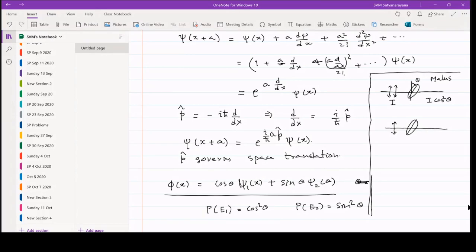So now, think of this particular polarization state as cos theta times the direction parallel to the analyzer axis plus sin theta times the direction perpendicular to it. If it is perpendicular, then it will not go through; it will get absorbed. So depending on this theta, you can have any bias, right?